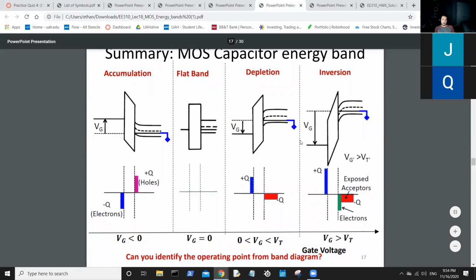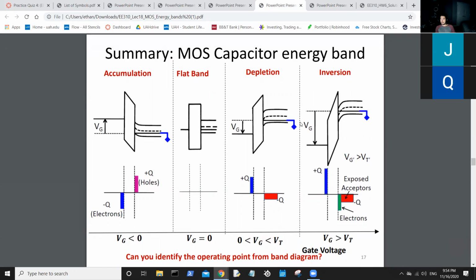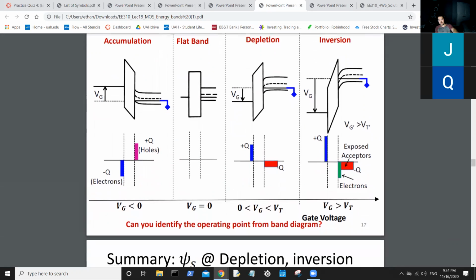But this slide right here, I'm not sure what the upper limits are for the information we're allowed to have on our formula sheet. But if anything, I would say this line of information, these conditions, if you were to write VG less than 0 is accumulation, VG equals 0 flat band, those conditions, I'm sure that's well within the rules to have available to you.